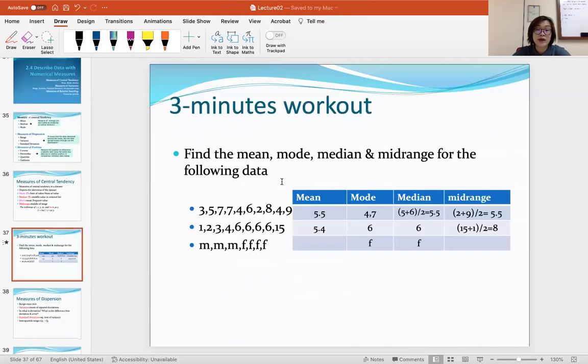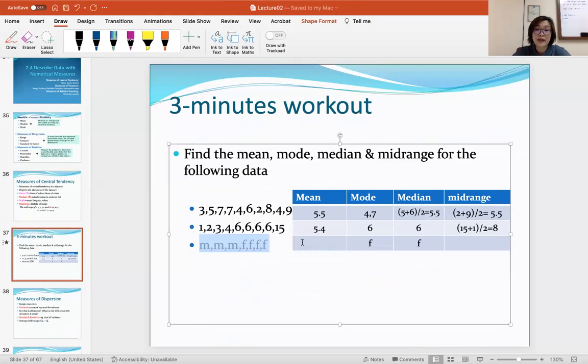So you can try the 3 minutes workout on this part. As you can see, for number 3, we can't get the mean or the mid-range because this is qualitative data. But for the quantitative data, in examples 1 and 2, we can find the mean, mode, median, and mid-range.